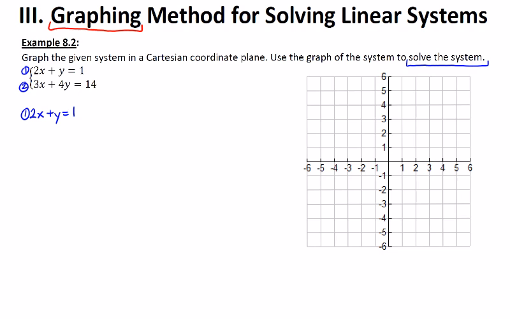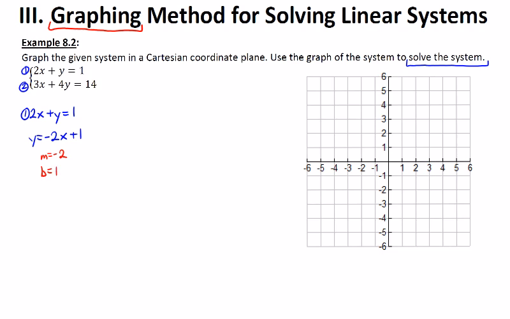If we subtract 2x over, we would get y equals negative 2x plus 1, which certainly gives us the mx plus b feel that we want out of all of our linear equations. So for this particular equation, m would be equal to negative 2 and b would be equal to positive 1.